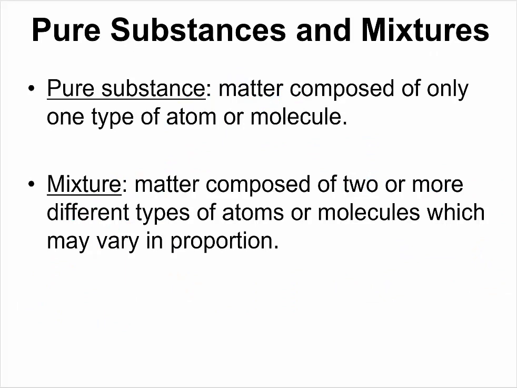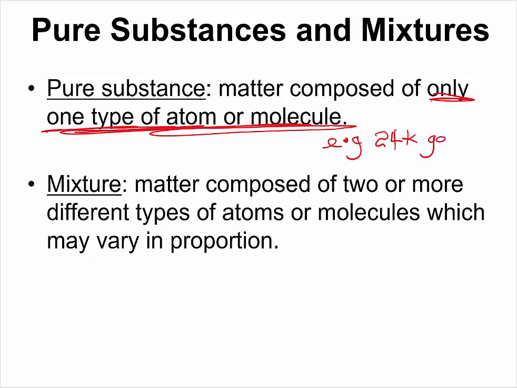Pure substances are matter that are composed of only one type of atom or molecule. An example is a 24-karat gold. That should be only pure gold.